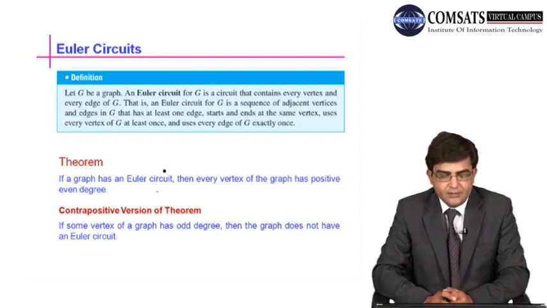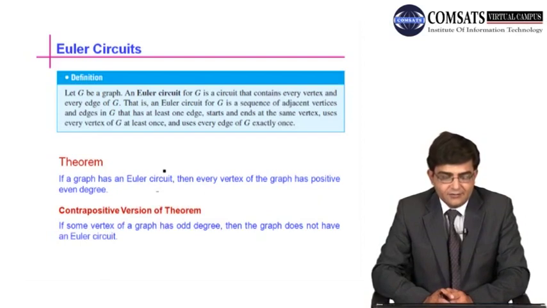We shall also discuss with the help of examples how to construct, how to calculate an Euler circuit in any graph G. Here is an important result related to Euler circuits, which is a theorem.